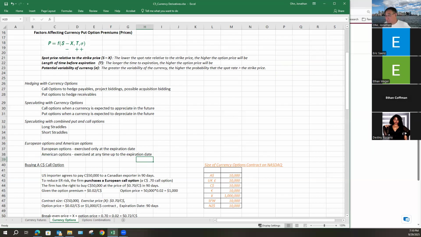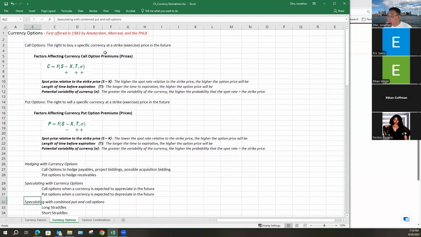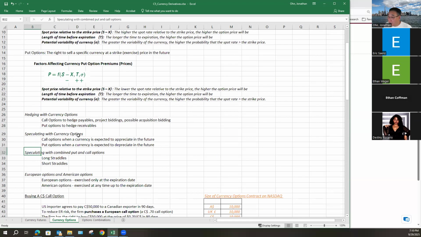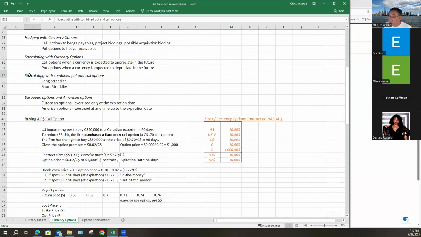Now, speculating with combined put and call options. This one is a little bit advanced strategy. The put option and call option are like simple strategies, right? But if you combine put and call options, it will give you quite an interesting, different shape of strategy. So there are two things: long straddle and short straddle.